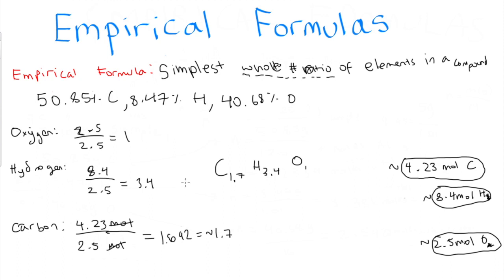In this case, we can do that by multiplying by 3. Remember that 1.7 isn't exact, and so we multiply all the subscripts by this number, and we get C5. 3.4 times 3 is about 10, so H10, and then O 1 times 3 is O3. And so this would be our empirical formula for this compound.